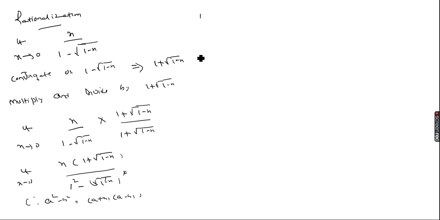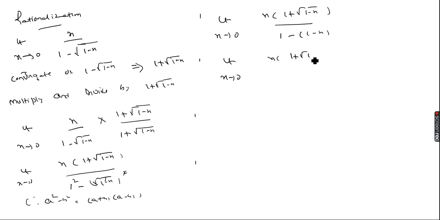So therefore, limit x tends to 0, x into 1 plus root of 1 minus x by, this form is 1 minus 1 plus x, which is x. Both these terms are cancelled.